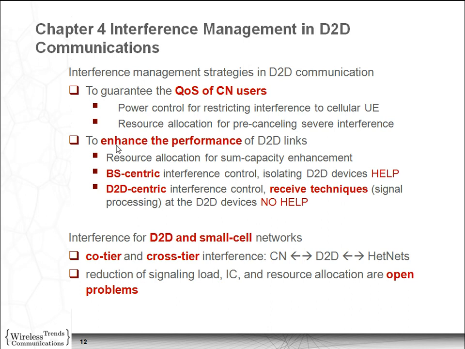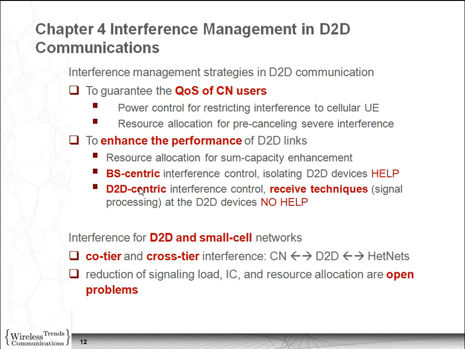Right, so we also have to enhance the performance of the D2D, and the idea here is that we can use the information that we have at the base station. So if we are going to receive a lot of interference, the base station somehow can help the D2D devices, somehow isolating them or allocating special resources for them.